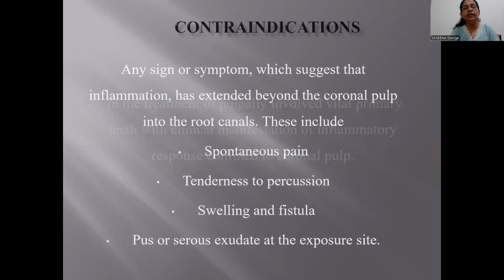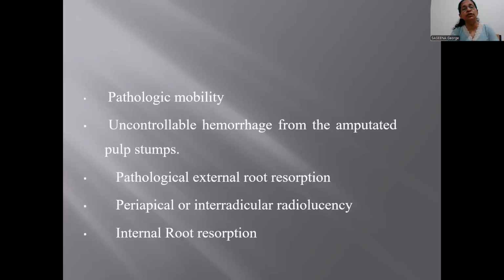So the contraindications are any sign or symptom which suggests that the inflammation has extended beyond the coronal pulp into the root canals. For example, spontaneous pain, nocturnal pain, tenderness to percussion, gingival pathologic conditions like swelling or fistula, pus or serous exudate at the exposure site, and also pathologic mobility.